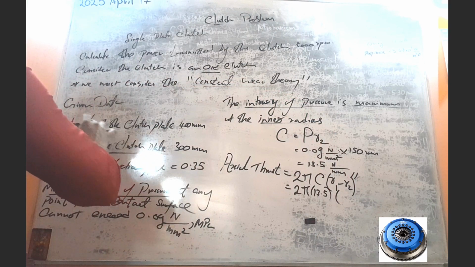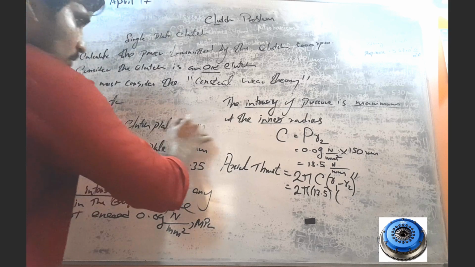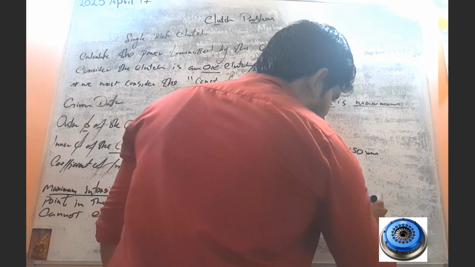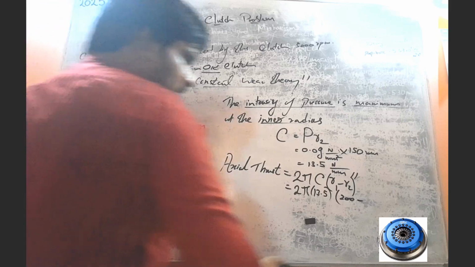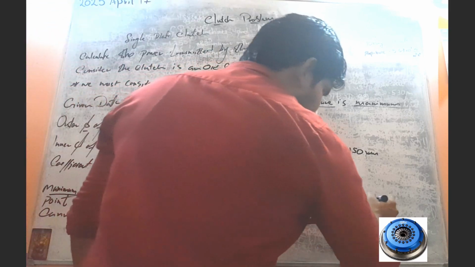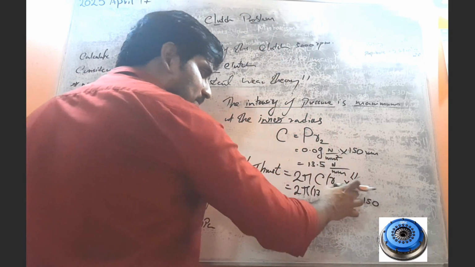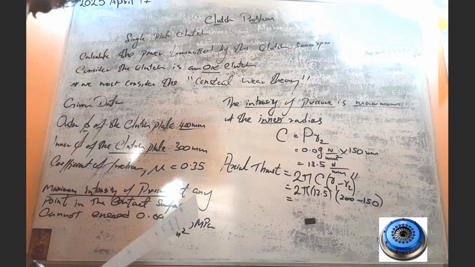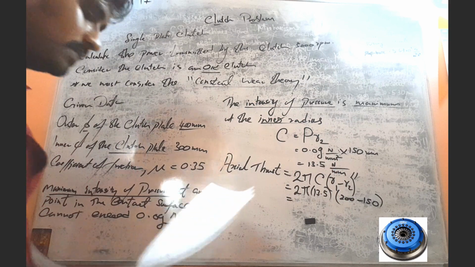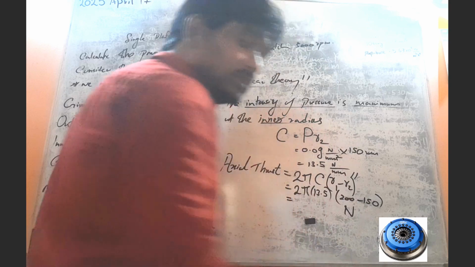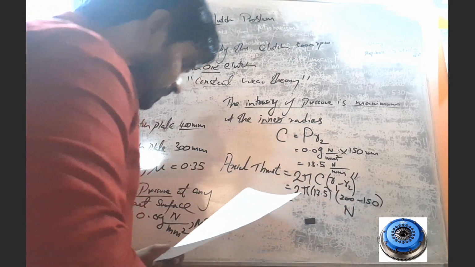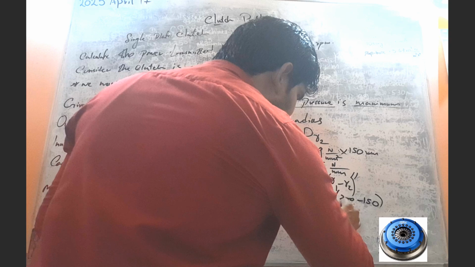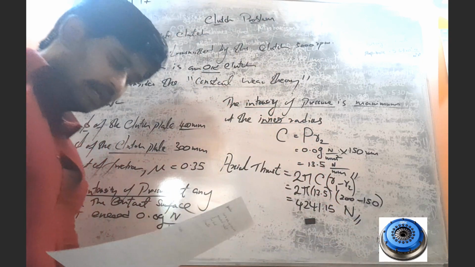The outer diameter is 400 millimeters, so the outer radius is 200. 200 minus 150. This part will come in millimeters, so be very careful about the units. Anyhow, the final answer will come in newtons. What is that? 4241.50. This is another part that you need to calculate.